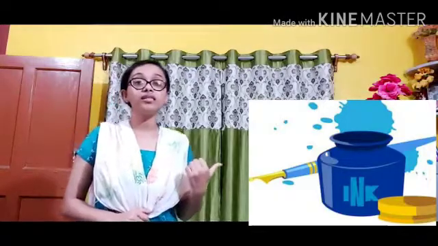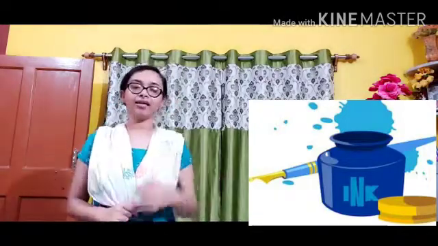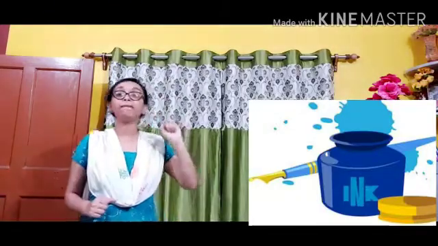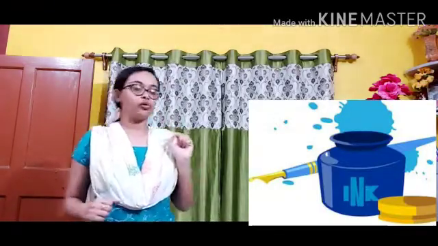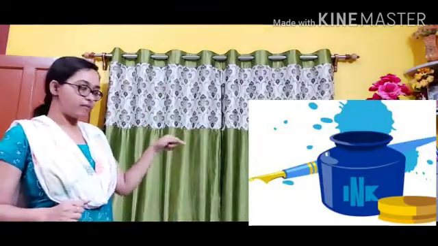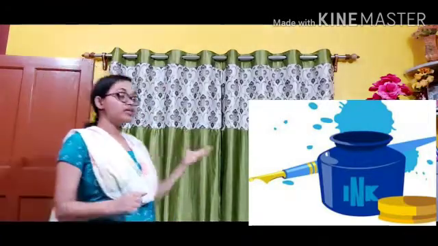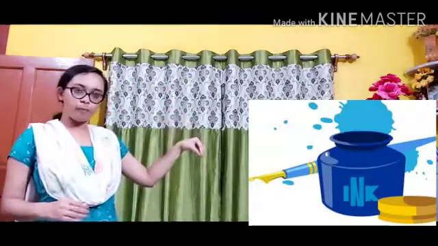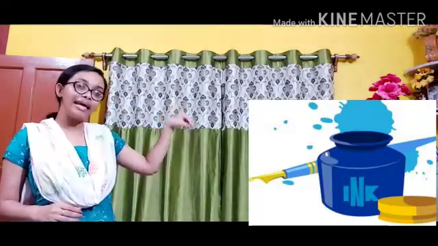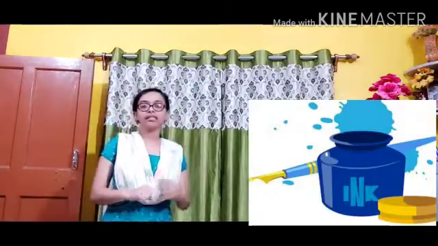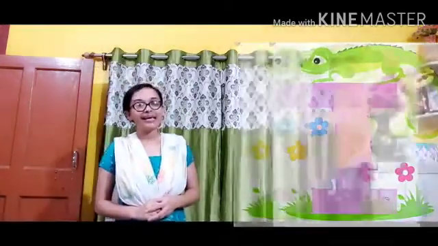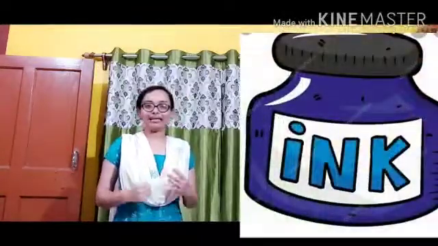With the help of this ink, we write with a pen. The ink is inside the pot, that is why it's called an ink pot. Now this ink starts with I. E, ink pot or ink.